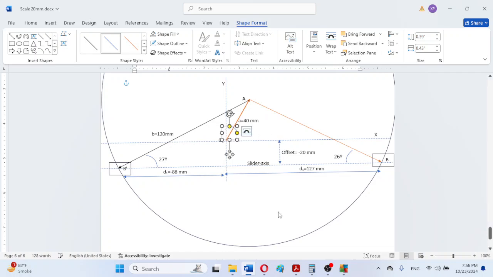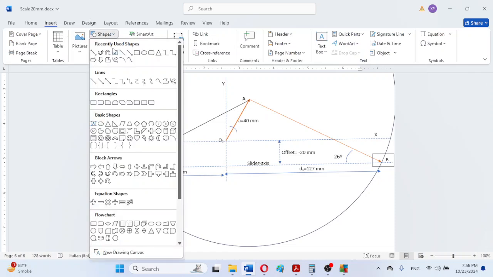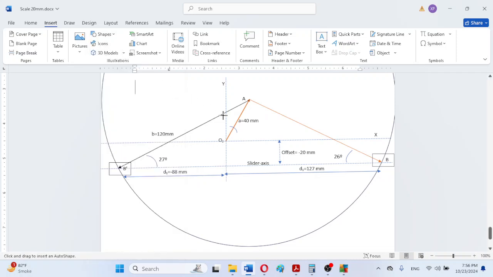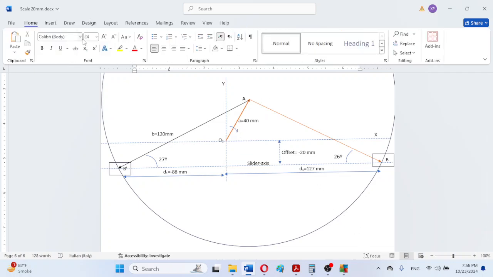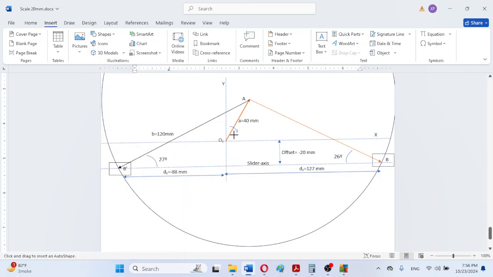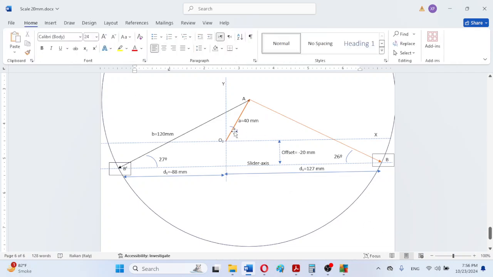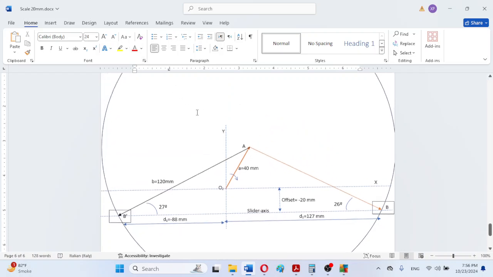Here the rotation is in this direction, and we can create an arrow shape manually in order to represent it here like this. So that means the rotation is clockwise.